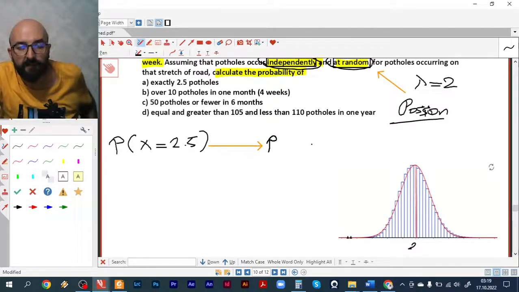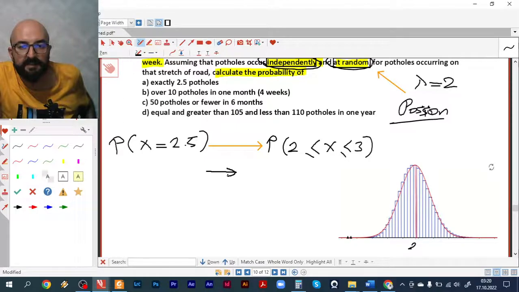So the probability of x greater than or equal to 2 and less than or equal to 3.